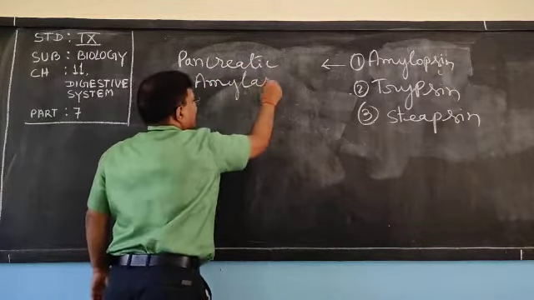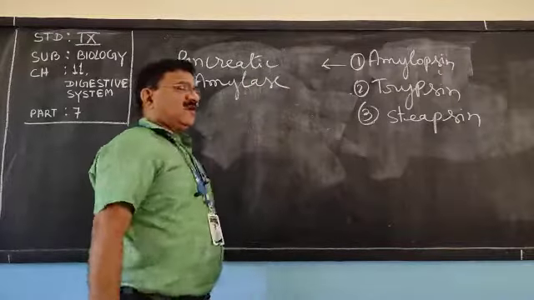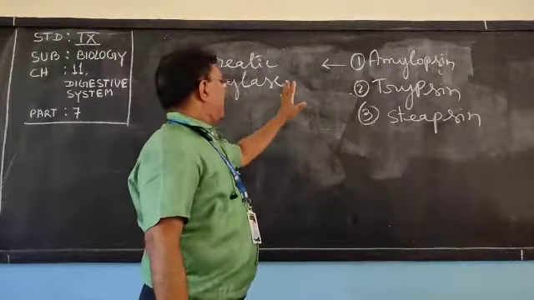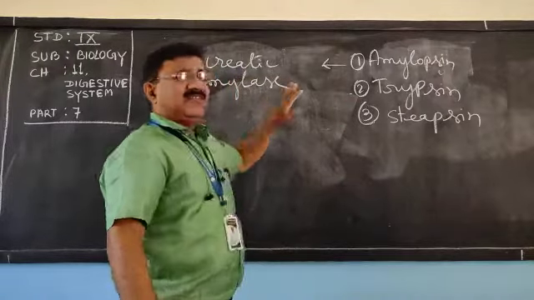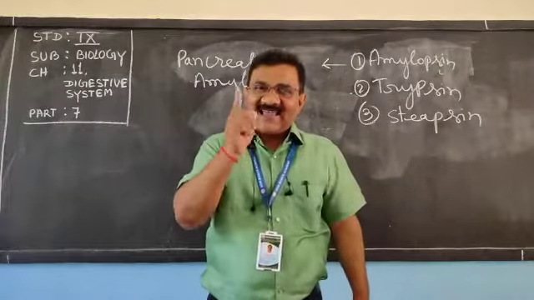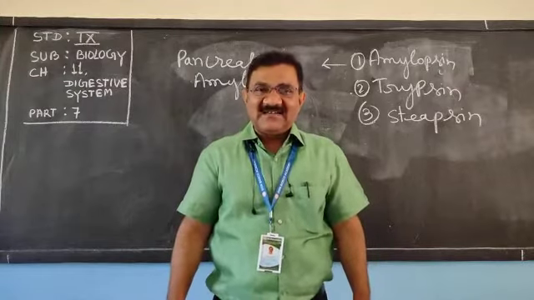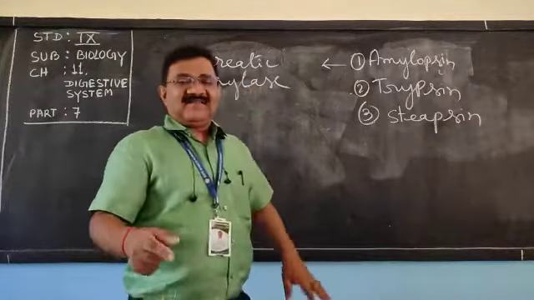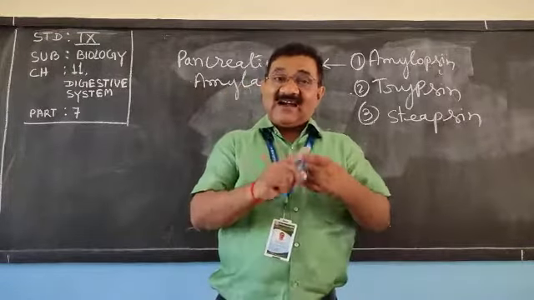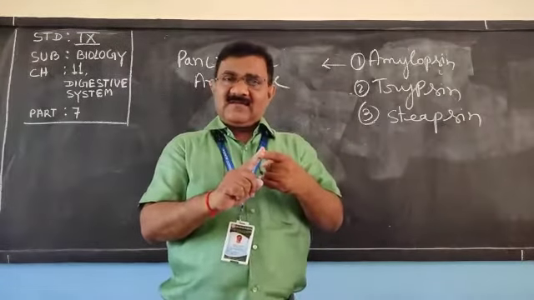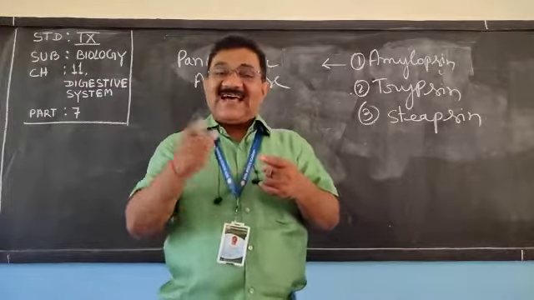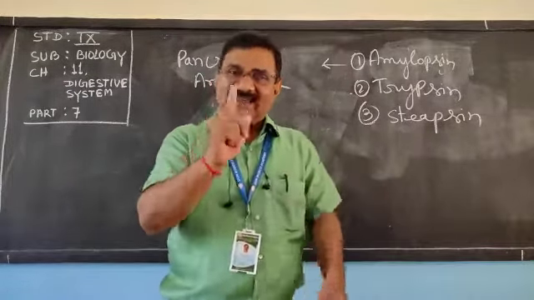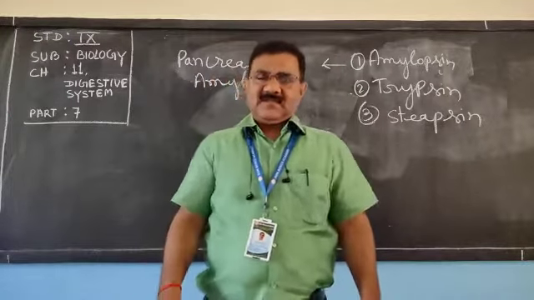If you remember, I have taught about salivary amylase, which is secreted by the salivary gland. And what was the function? The function was to digest starch into maltose, a type of sugar.